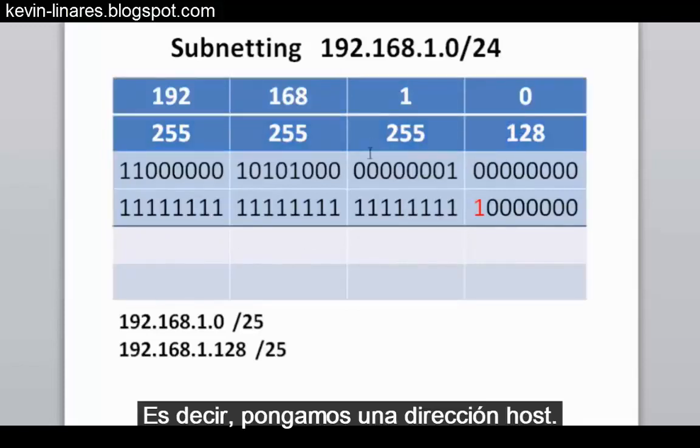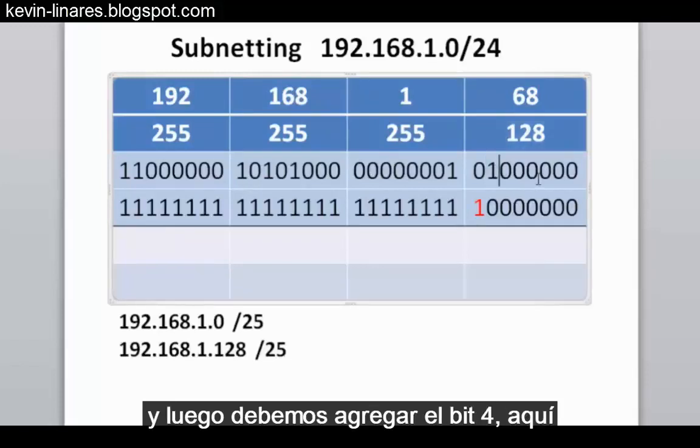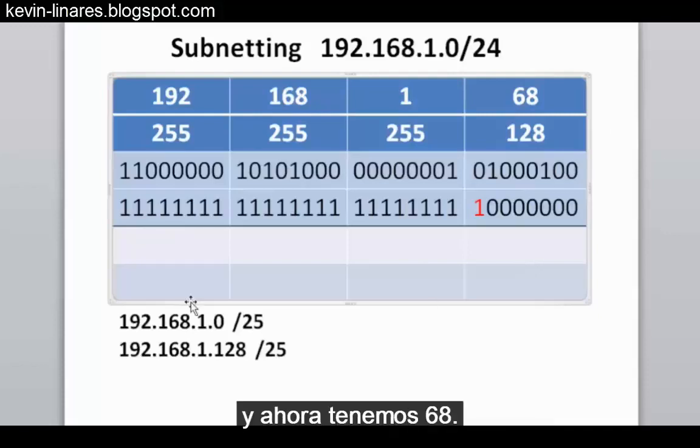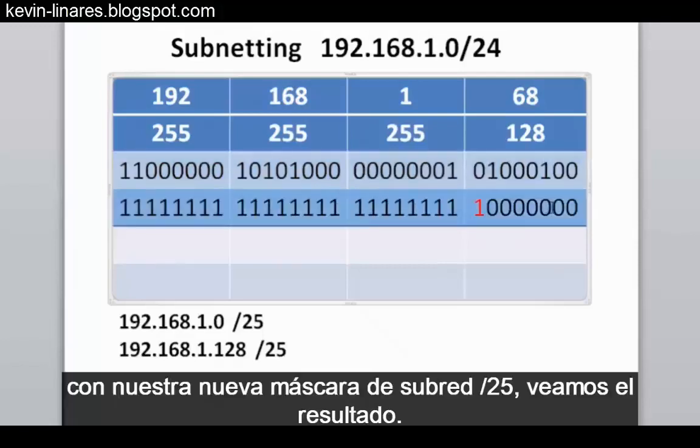Let's put in a host address, let's say 68. So now we've got host 192.168.1.68. This needs to be a 1, that's the 64, and then we need to add the 4-bit here. So now we have 68. If we logically AND the IP address here with our new /25 subnet mask, let's see the result.